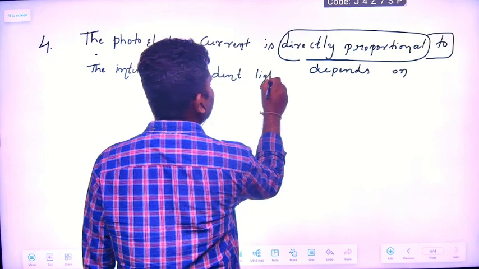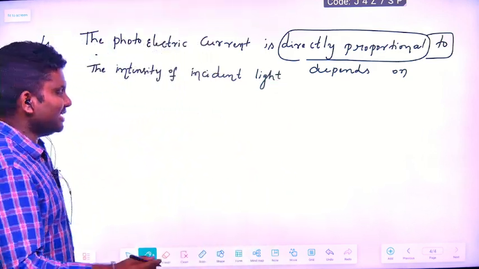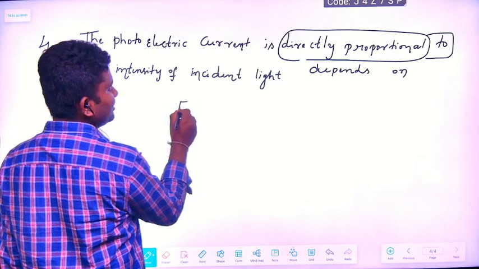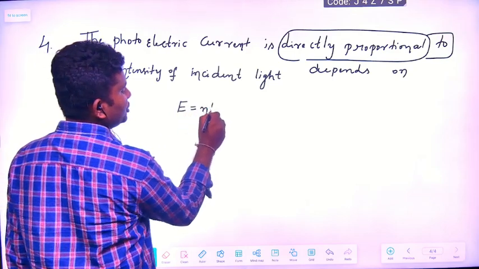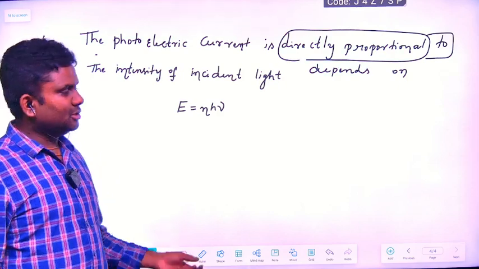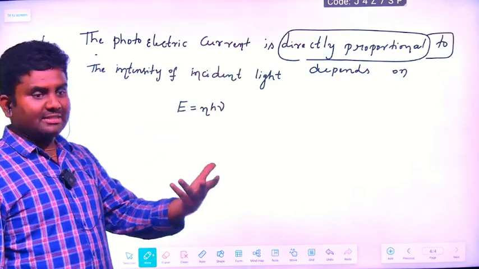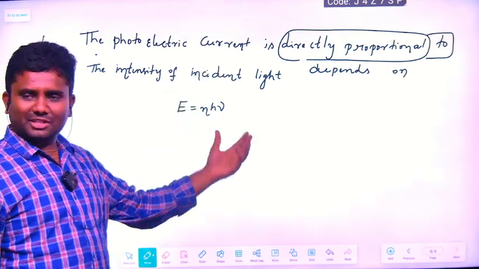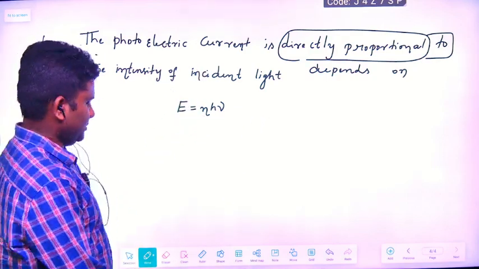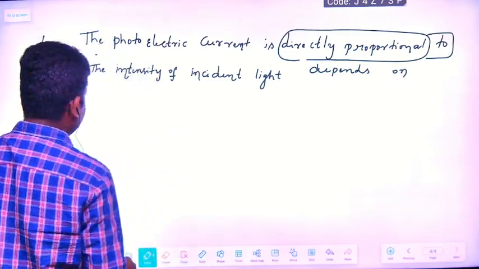As the number of light rays increases, the photoelectrons increase. You can see the energy E is equal to nhν. So if the intensity increases, the number of electrons also increases. That you observed in the experiment, right?